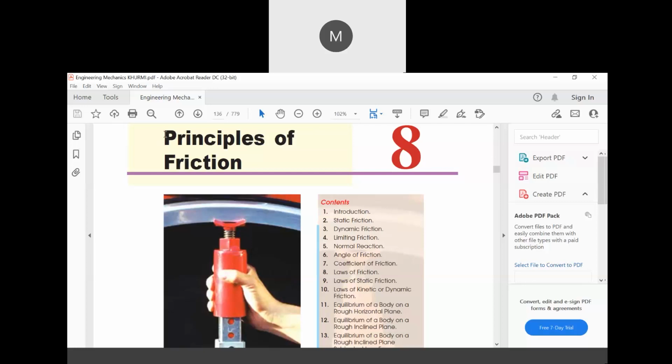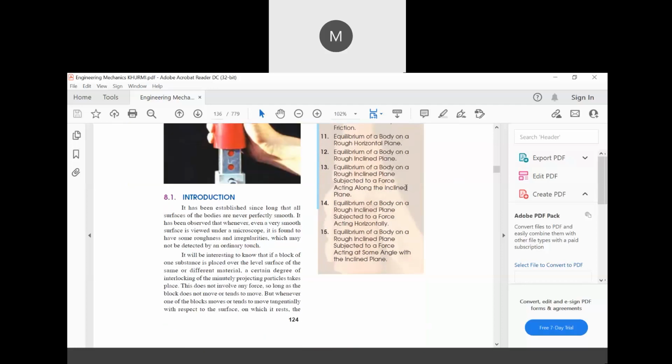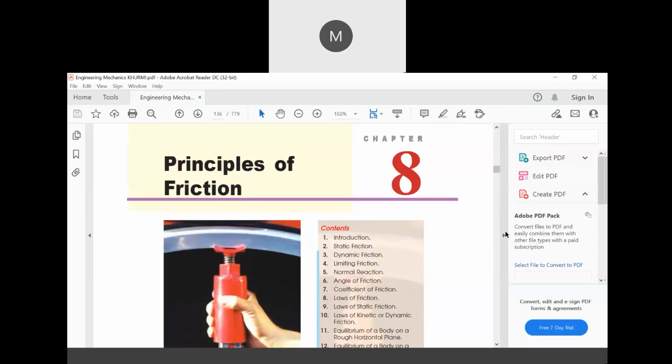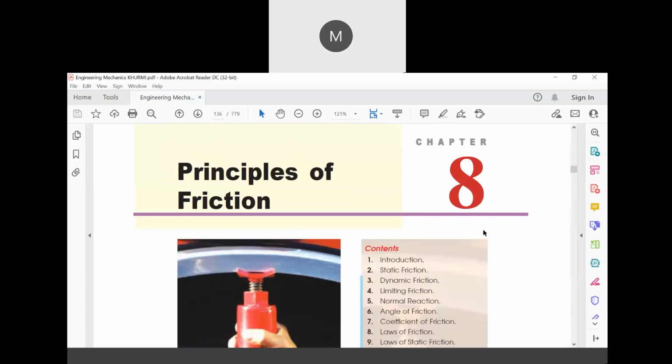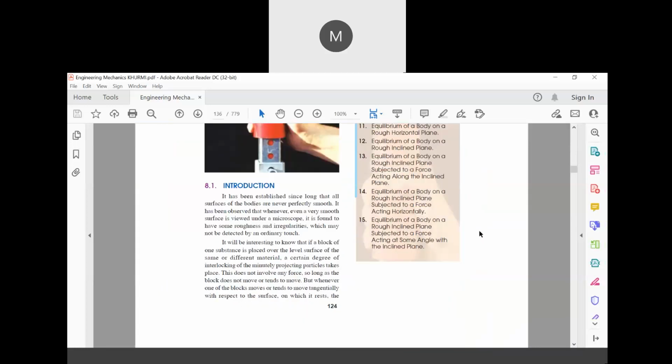Now, principles of friction. First of all, let us discuss this chapter. Principles of friction. What is it and how does it work?